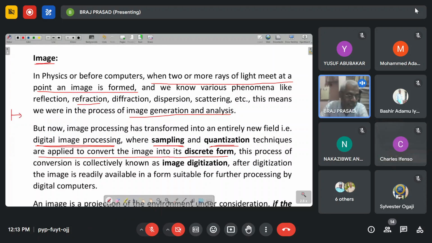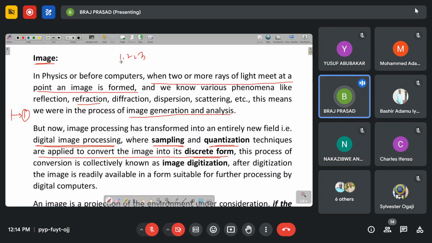First we get the image of this object, and after getting this image, we convert this image into discrete form. There are two types of values, like 1, 2. These are the discrete values, because there are a number of points between 1 and 2.